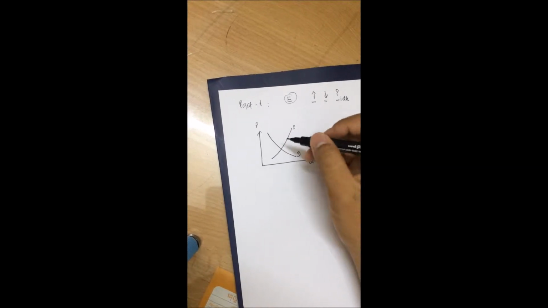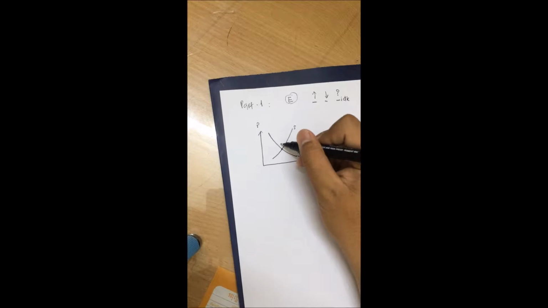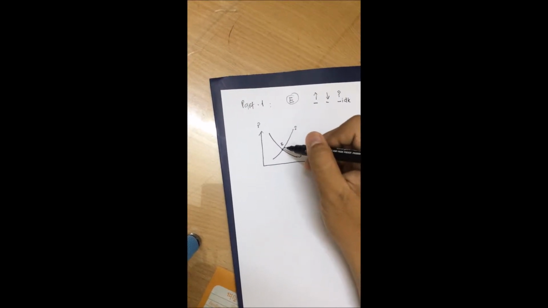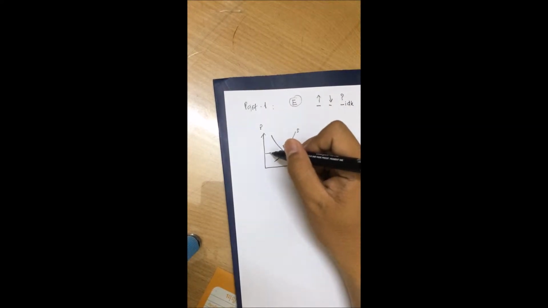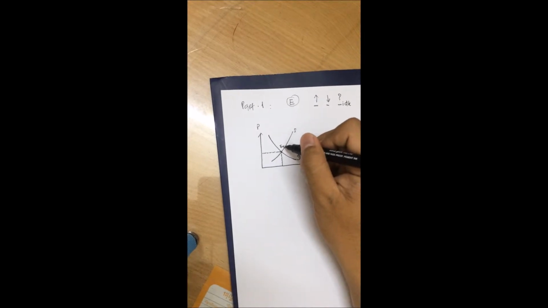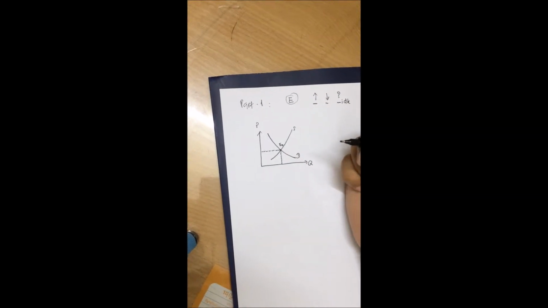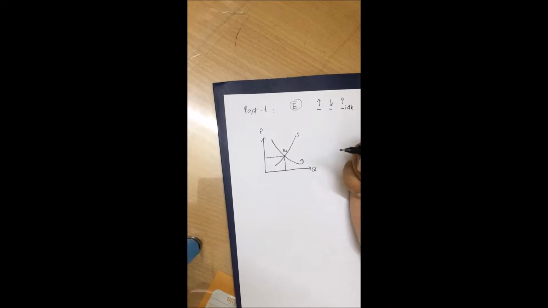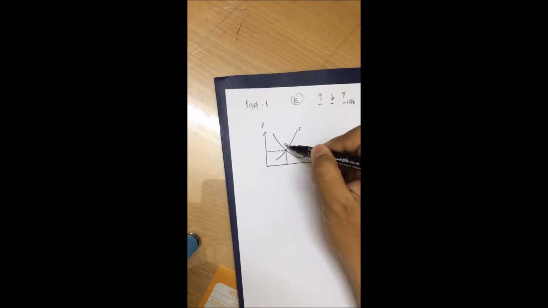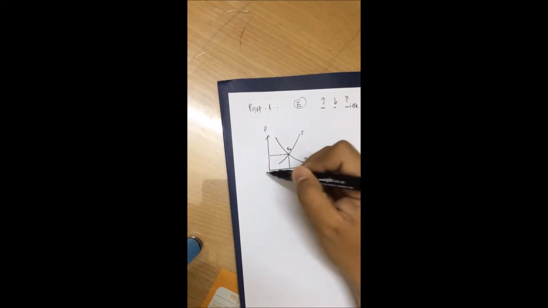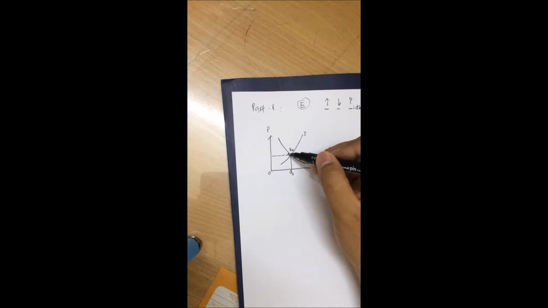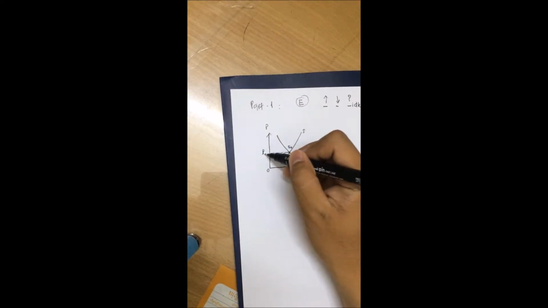Just draw wherever you want. So put it here. This one is E, right? This one is E0. If you drop the line down to the Q line, you will get Q0. If you drop the line on the P line, you get P0.